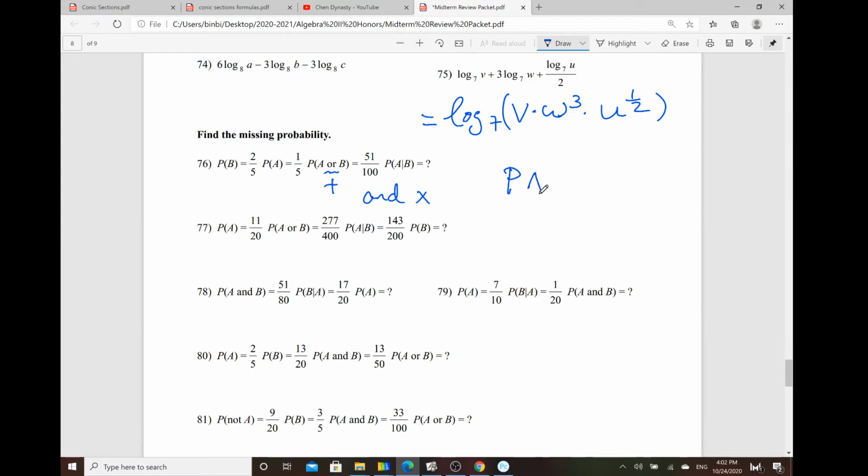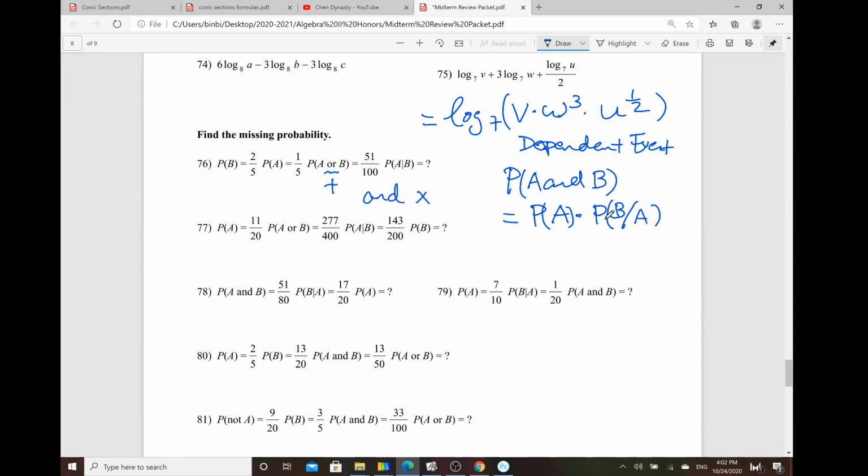So if it's a dependent event, the probability of A and B is the probability of A times the probability of B given event A. So be careful with this.